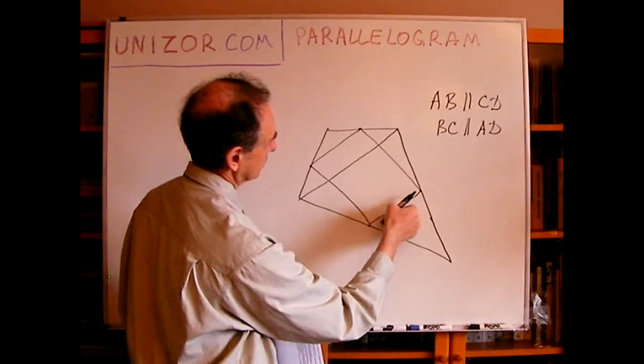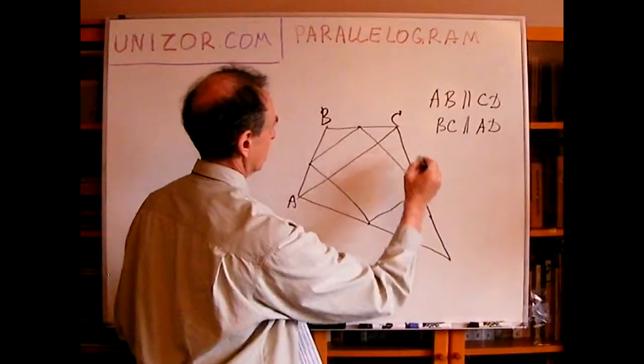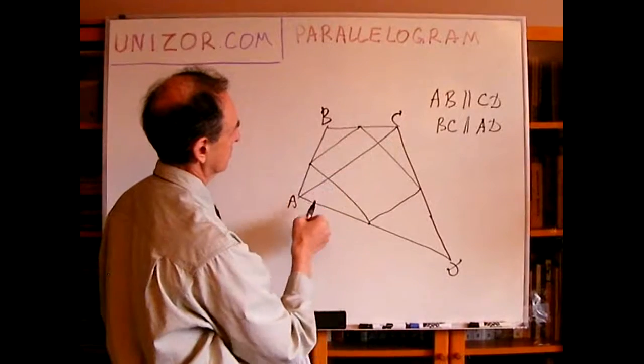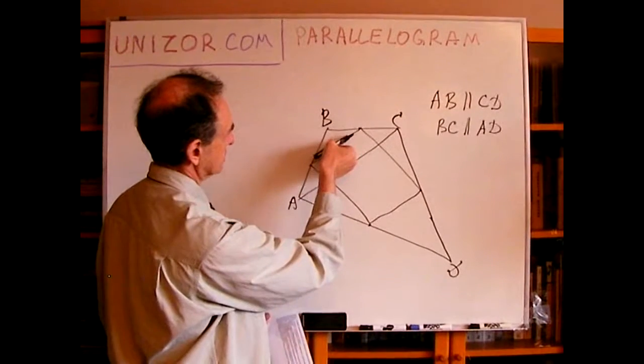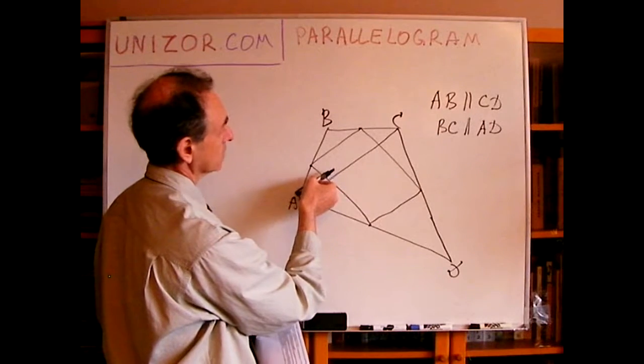This segment, okay, let me put it this way. So, in the triangle ABC, this segment is parallel to AC and equal its half in length.